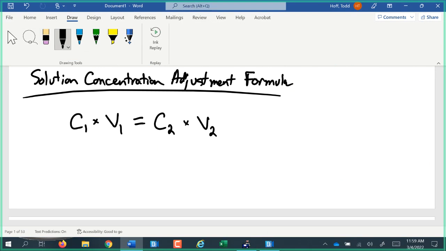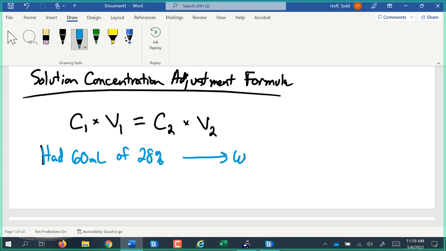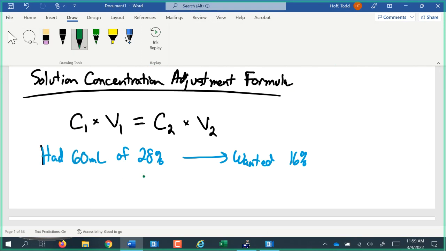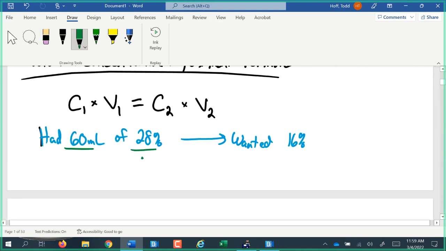So in this case, we had 60 milliliters of 28% solution. We wanted 16% solution. So that meant that in this formula, these will be our starting values, the 60 milliliters and the 28%.